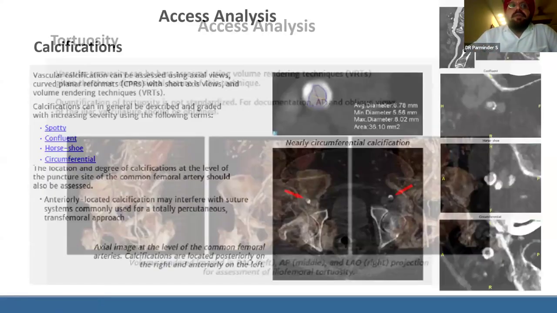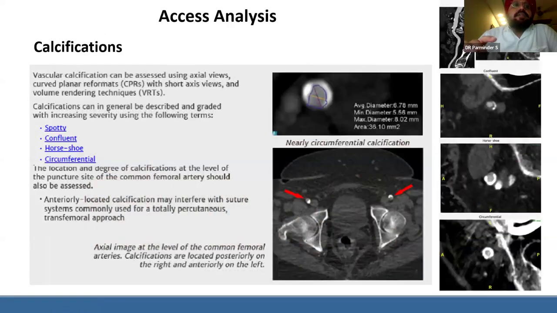And these calcifications are very important if they happen to be there at the puncture site. If you have a calcification anteriorly at the puncture site, you are likely to land up in complications, as your ProGlides will not take up.